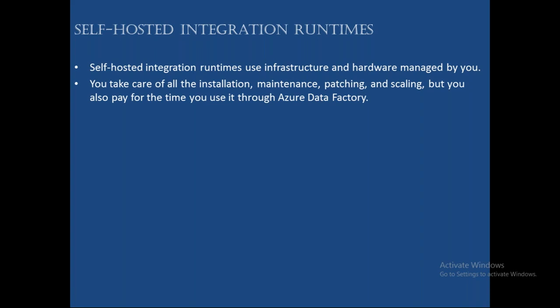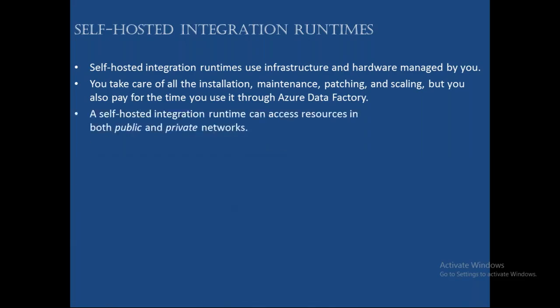So in a linked service, you will attach this particular self-hosted IR and you will use it with Azure Data Factory. Based on how much time you have used, you need to make a payment. Self-hosted integration runtime can access resources in both public and private networks. So the same self-hosted IR you can use to access any data which you have in the cloud and any data which you have in the private network. Both things you can do with self-hosted IR.